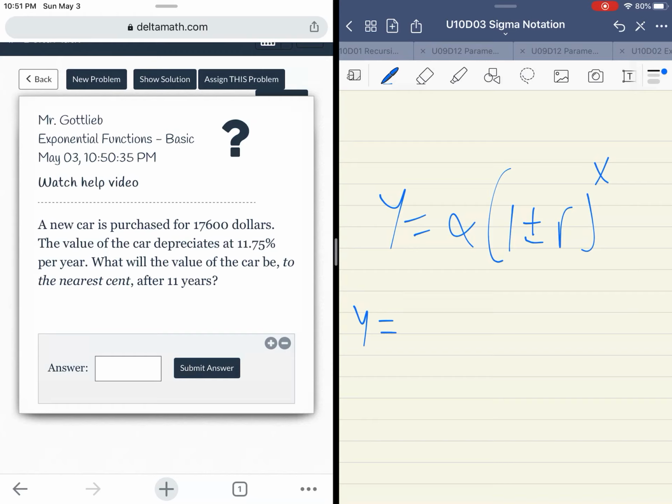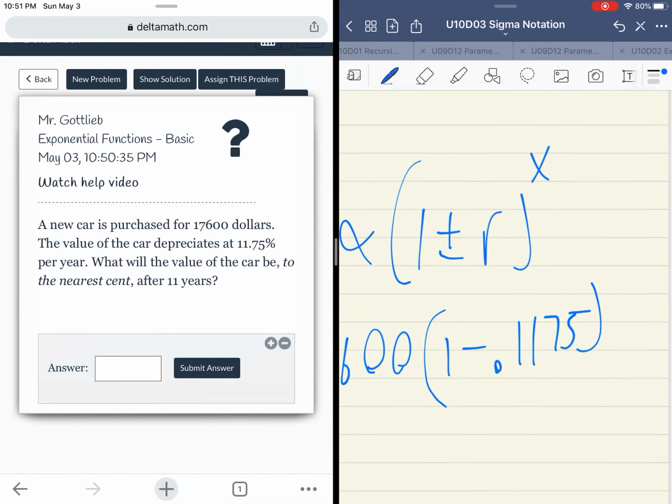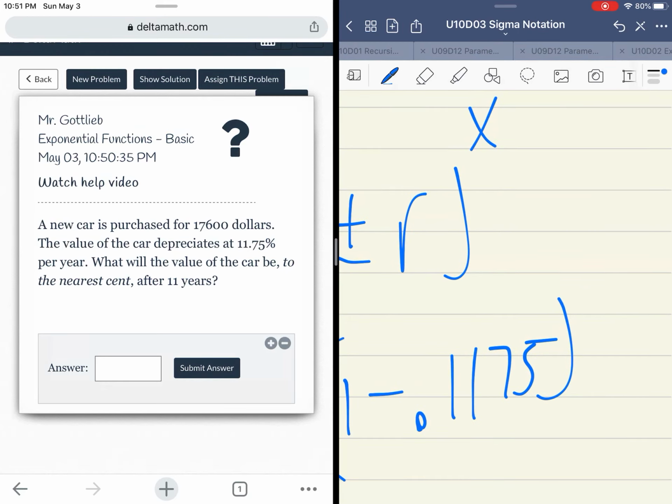So we're told the new car is purchased for $17,600, and the value of the car depreciates, which is a decreasing rate, so we do minus 11.75%, which is 0.1175.